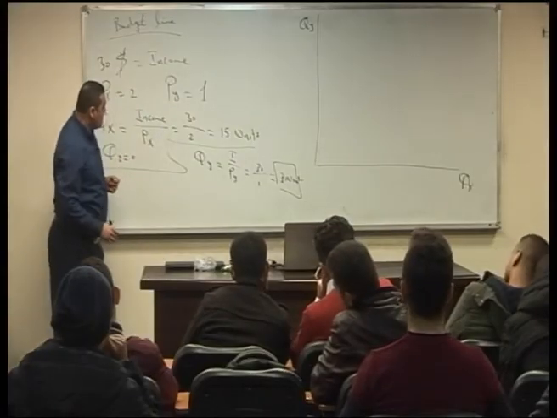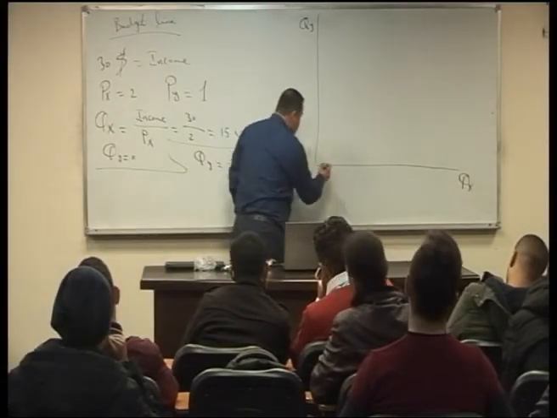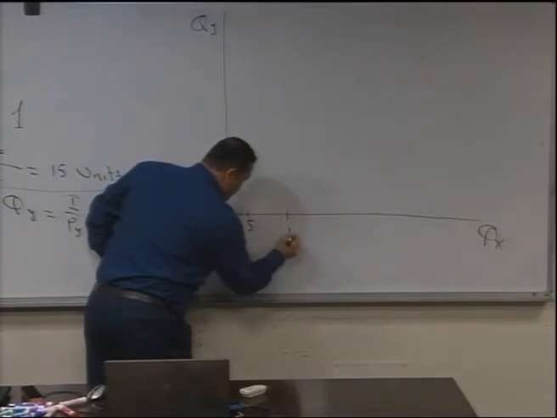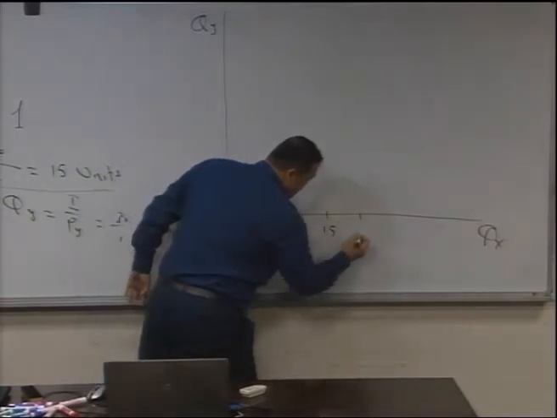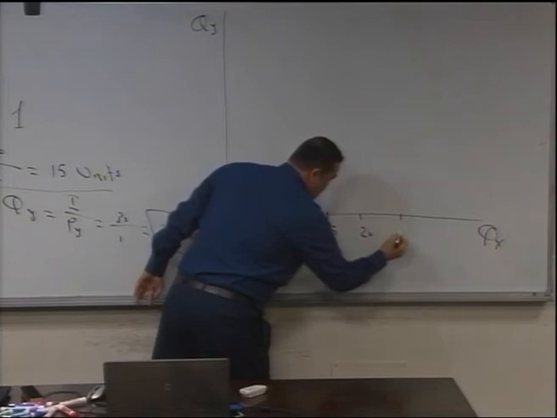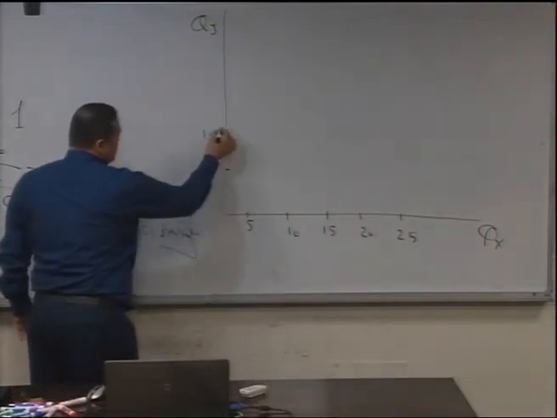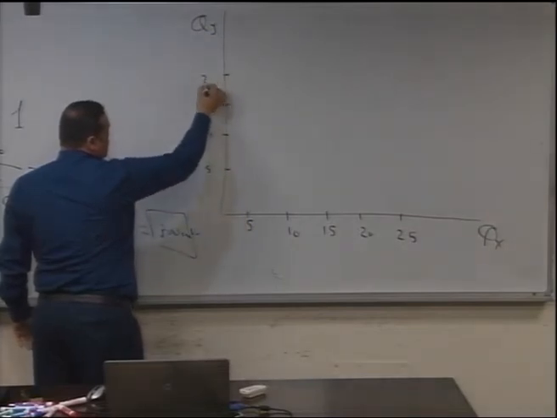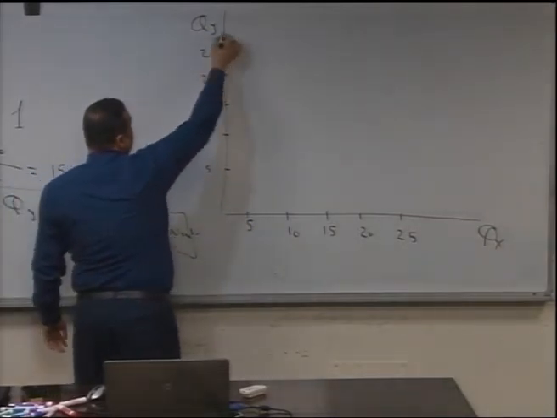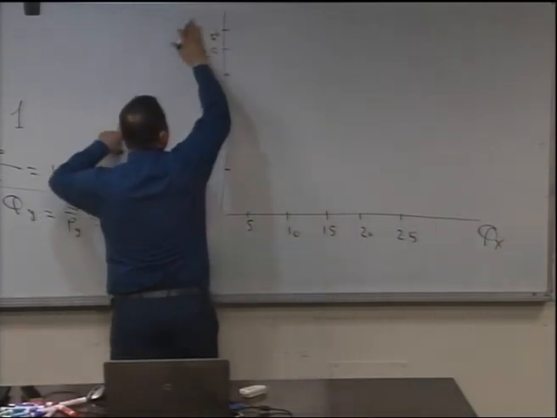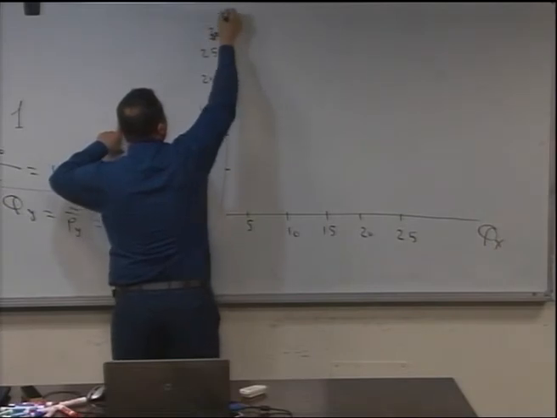Let's mark 5, 10, 15, 20, 25, and 5, 10, 15, 20, 25, 30, 30, 35. This is the QY.